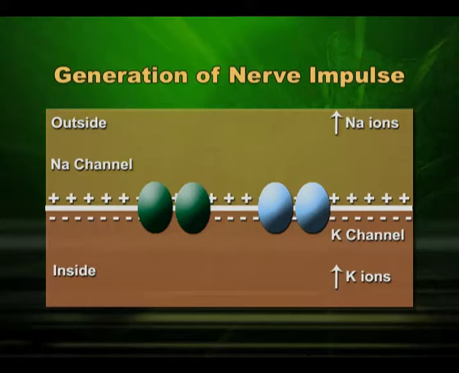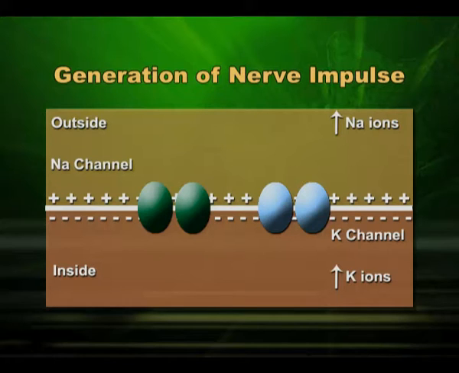Now, because of the stimulus, the situation will suddenly change. The positively charged ions will start moving in and negatively charged ions will start moving out. We can also call it a depolarized condition. Please remember, in the previous session, we said polarized condition is that of a resting cell. That means the polarized condition was a resting state.